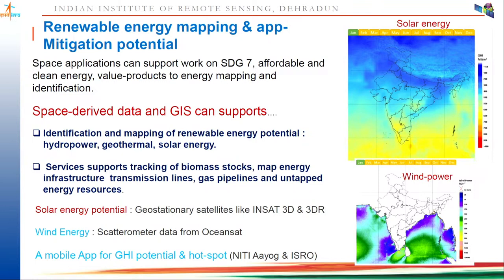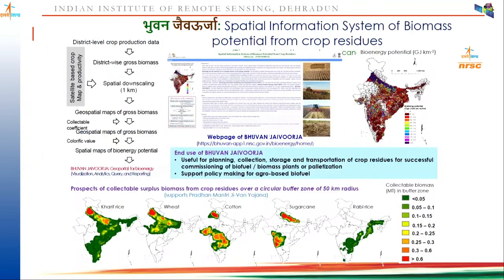So all this is going to happen, reducing coal-based energy, and we are using more and more renewable sources of energy to reduce greenhouse gas emissions. And finally, we can achieve net zero emission from agriculture. Like this, in our NRSC, there is the Bhuvan portal. Now biomass maps are produced.